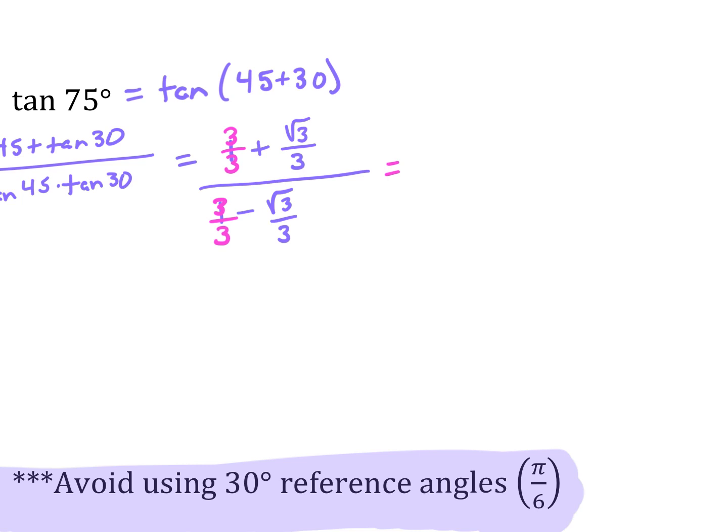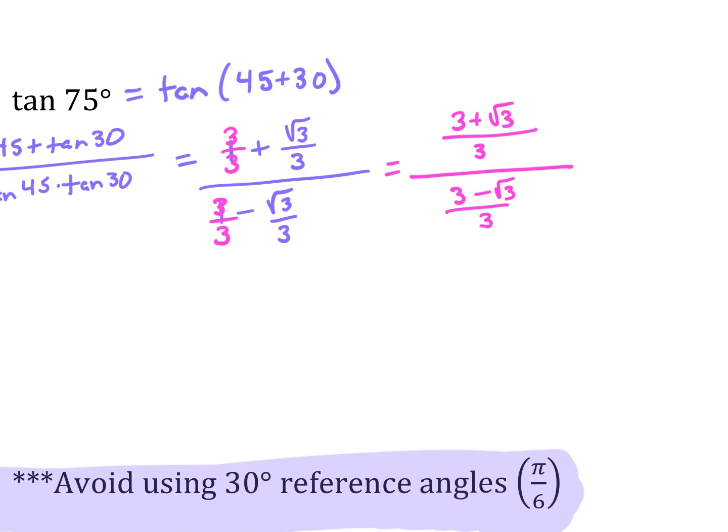We have 3 plus the square root of 3 all over 3. And then all over 3 minus the square root of 3 all over 3. You see that? I've just rewritten numerator and denominator with my common denominator.